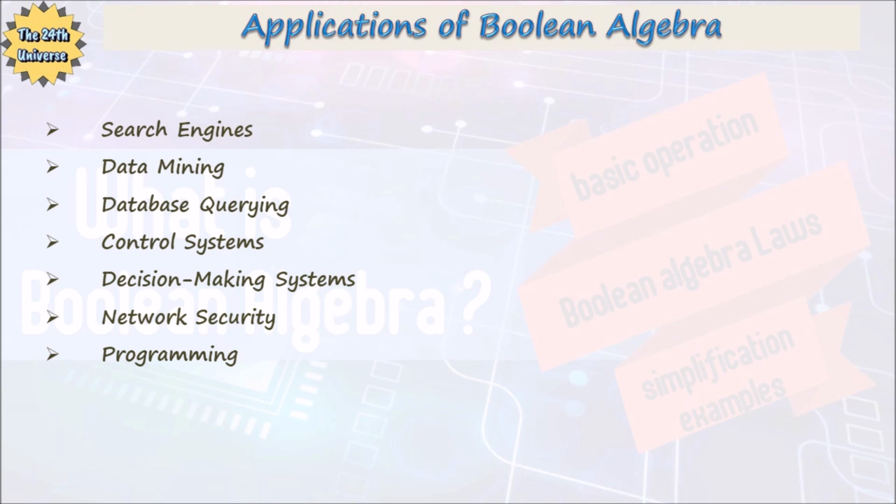Fourth, control systems, designing control logic in industrial automation. Fifth, decision making systems, developing algorithms for artificial intelligence and machine learning. Sixth, network security, creating firewall rules and intrusion detection systems. Seventh, programming, implementing control flow and decision making in software development, and so on.